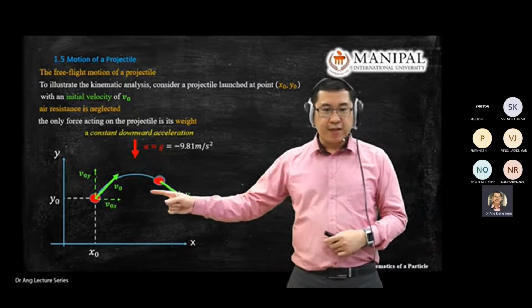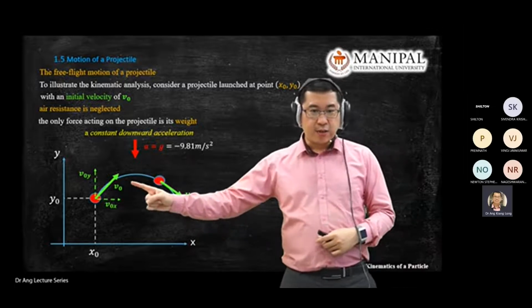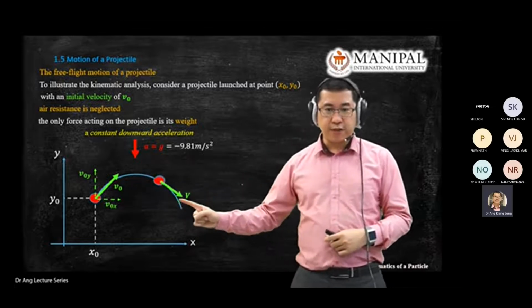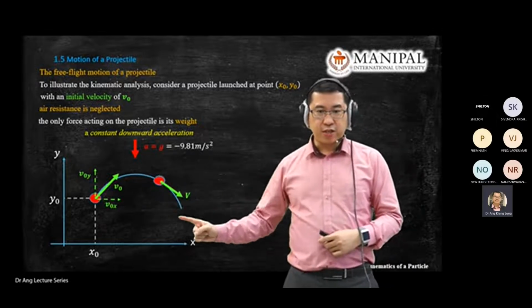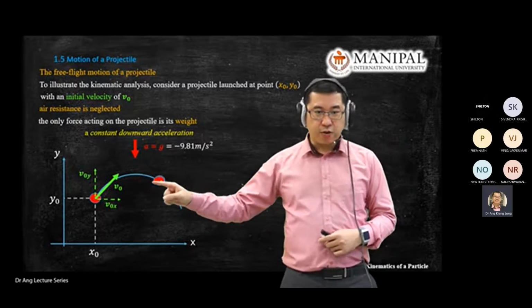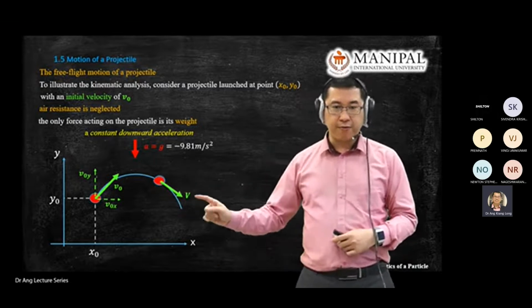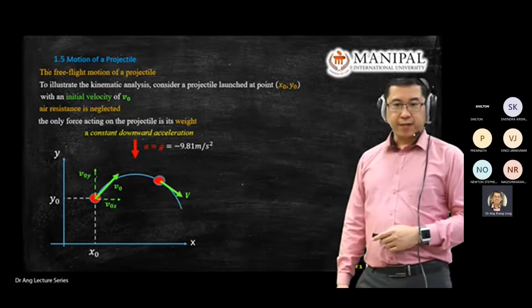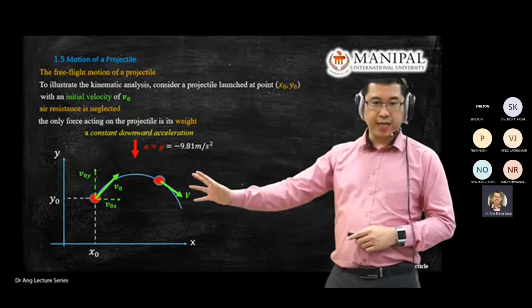And remember, how do you draw the direction of the velocity? Velocity is always at the tangent of the path. Okay, velocity arrow always at the tangent of the curve or tangent of the path. Just remember, this is what we learned before this, but you apply it in a projectile.